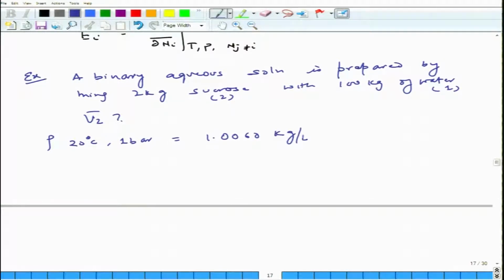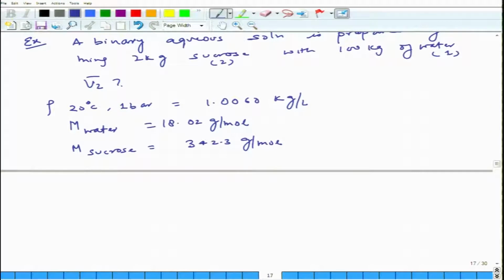Okay. And the molecular weight for water is 18.02 gram per mole. Molecular weight of sucrose is 342.3 gram per mole. So, these are the information given to us.